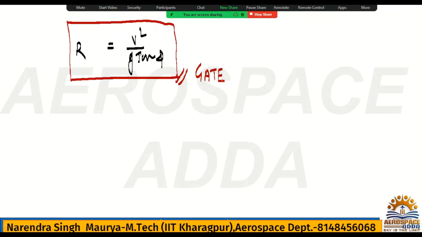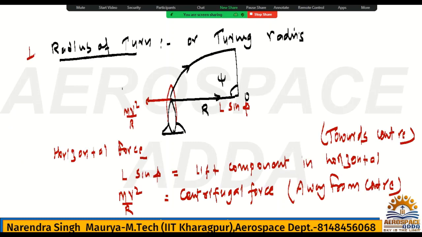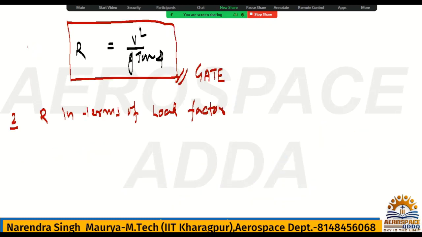Now if you want to write this radius of turn R in terms of load factor, this is another point. So this is the first. What is the second? R in terms of load factor. How to write?